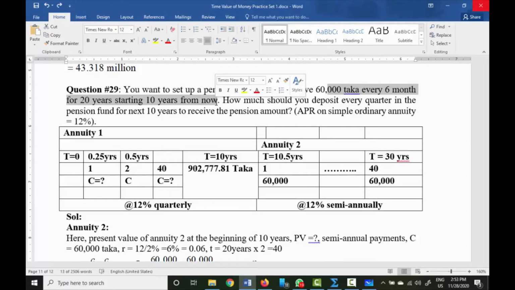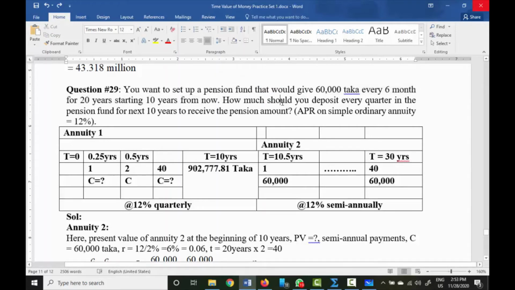When you want to pay at the end of every quarter, interest should also be compounded on a quarterly basis. That's what simple annuity means. So the annual percentage rate is 12%.